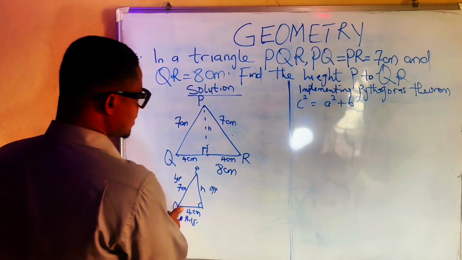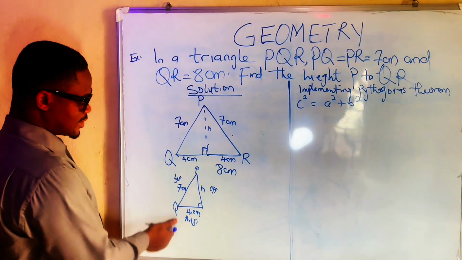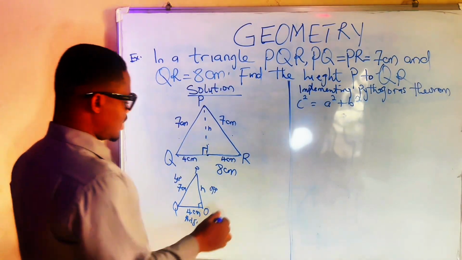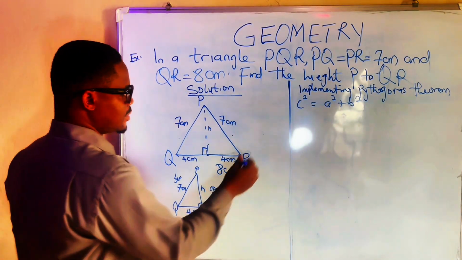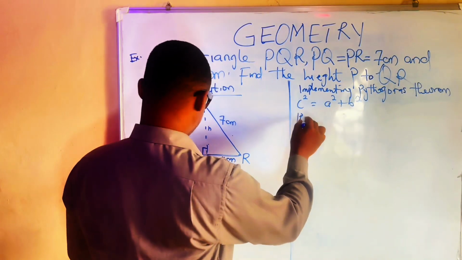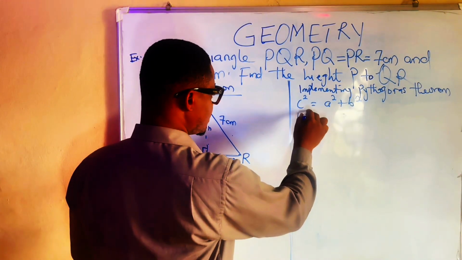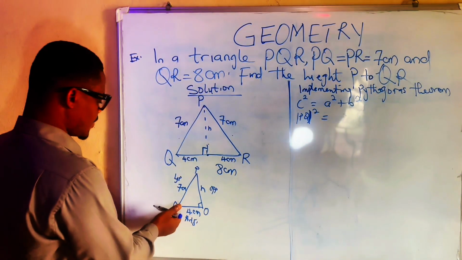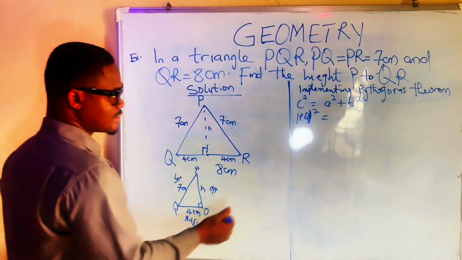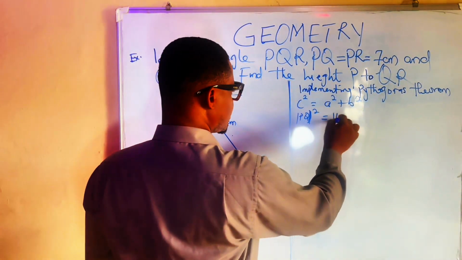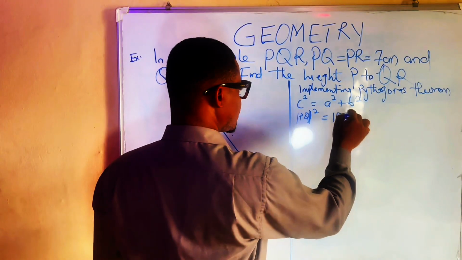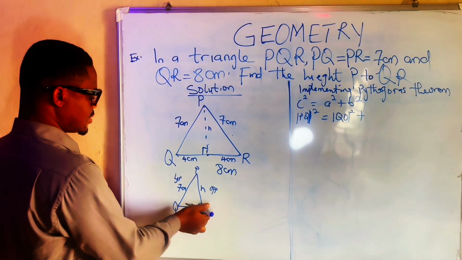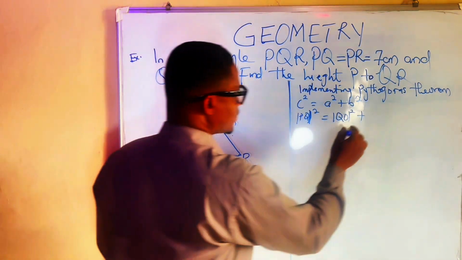In this case, we can call here O. We have that this side, the distance PQ, the square of the distance PQ is equal to the square of the distance QO plus the square of the distance PO.